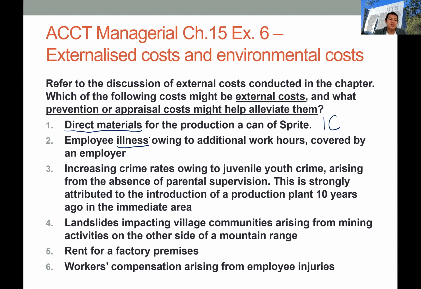Because the employee is ill, he or she cannot spend time with his or her family and cannot do some social activities. This kind of cost is really difficult to measure. So some of the costs will be internal costs, which are reliably measurable by the company, and some will be external costs.